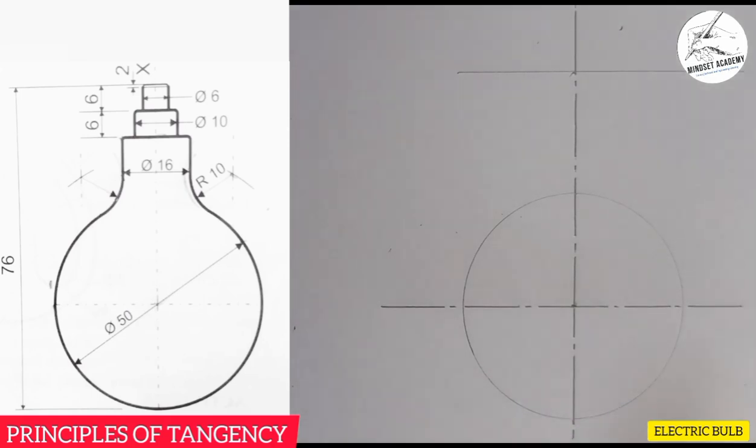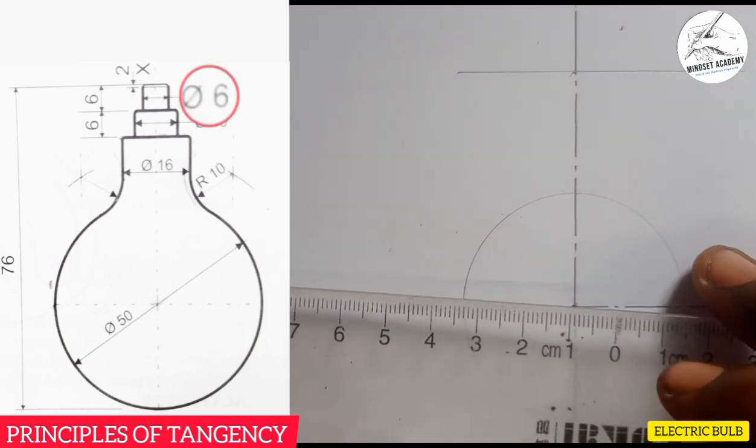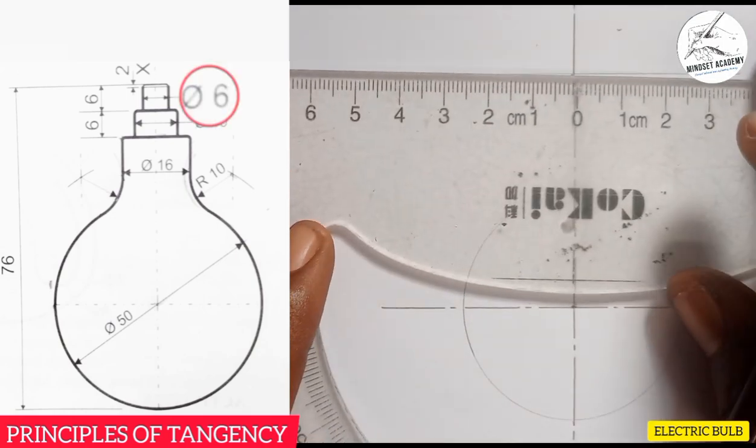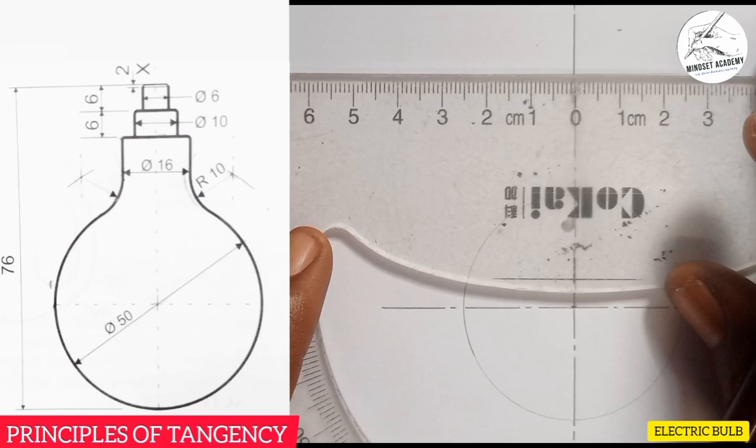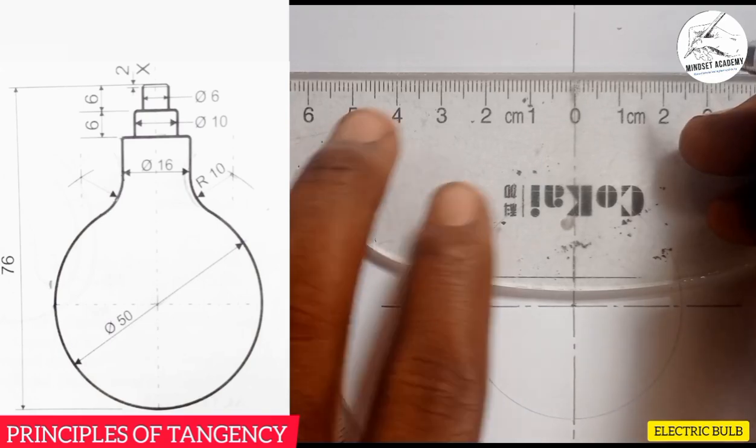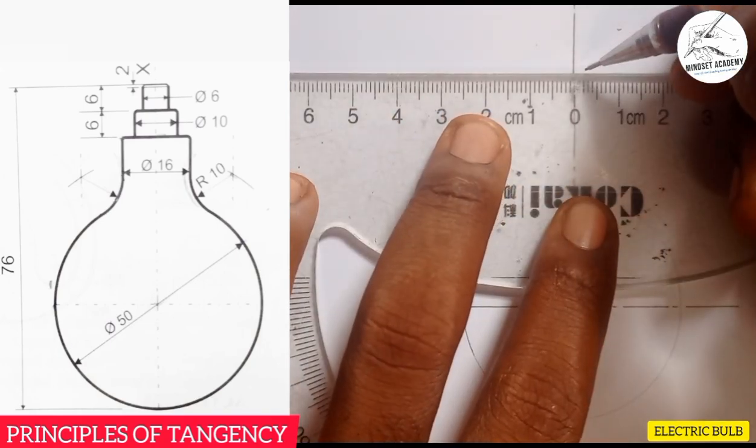Now if you look at it, we are measuring a thickness of what? Diameter 6 for the first one. So from 0, I need to draw a diameter of 6, so I'll measure 3 to the left, 0, 1, 2, 3.